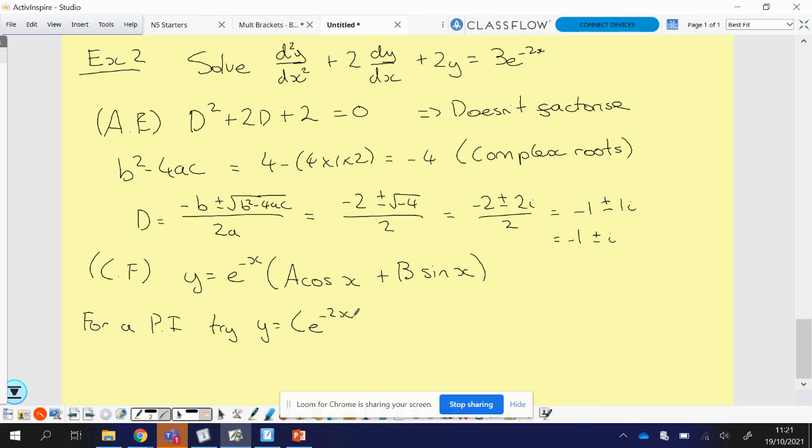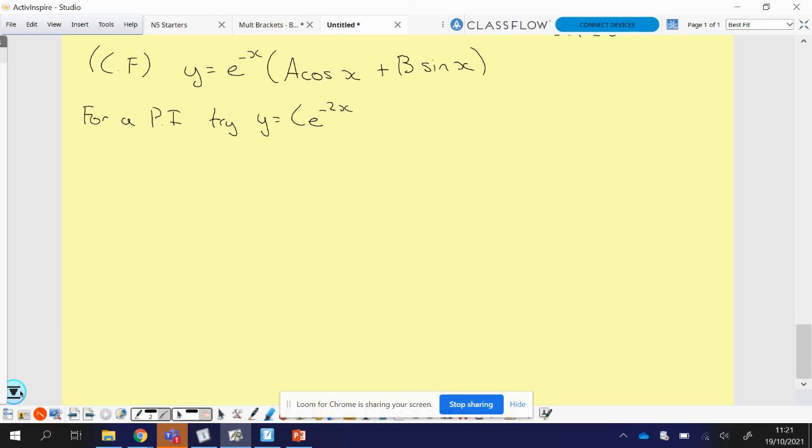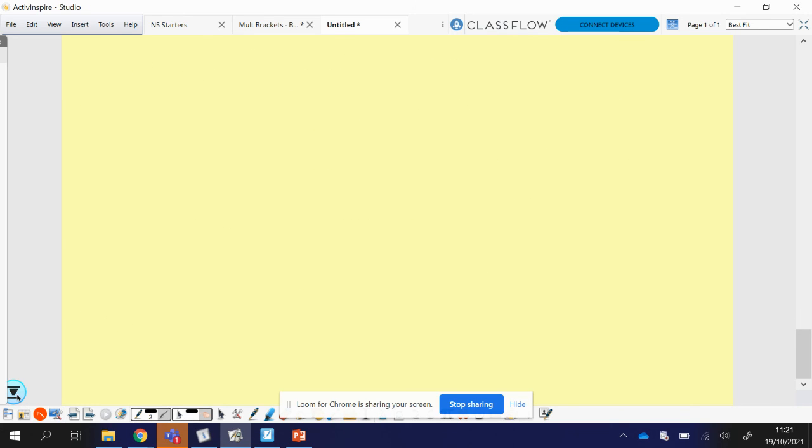Once we've got our guess for what y is, we need to find the differentials of this, the first differential and the second differential. So dy by dx: if I differentiate that, negative 2 comes down the front, so it's negative 2c e to the negative 2x.